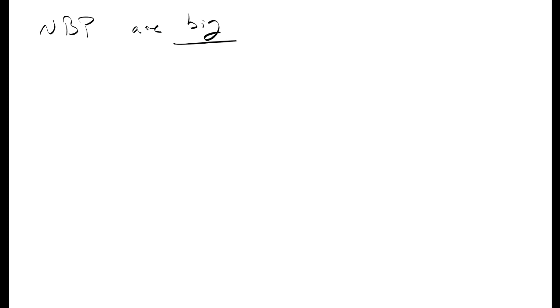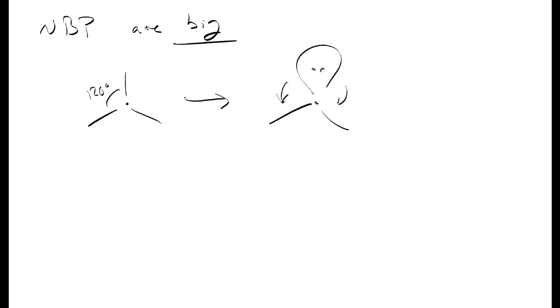So like here we have some random trigonal planar molecule with 120 degree bond angles in there. You replace one of the atoms with a non-bonding pair. So that invisible non-bonding pair up there is pushing down on those two bonds, forcing them together.